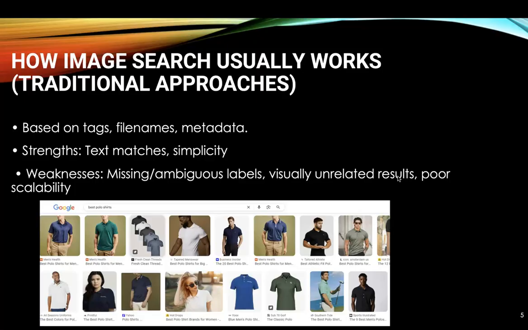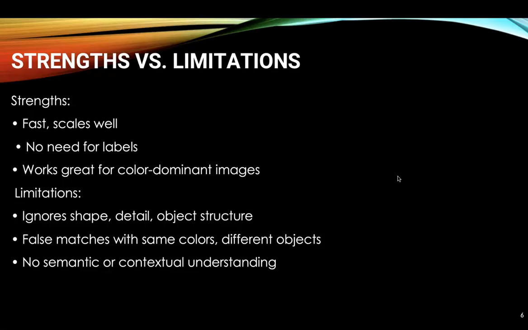But the results are often poor and the accuracy is very low. On a large scale, if we use text matches, simple tags or basic color metadata, it gets harder to retrieve an image, because we're scaling to millions and billions of data items every day.